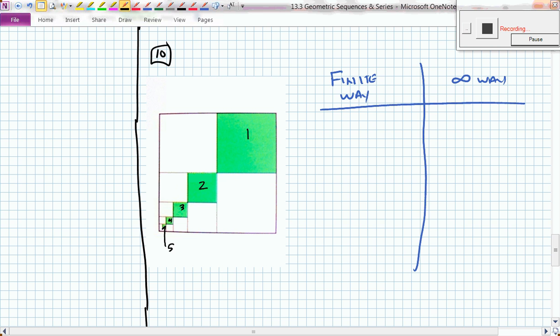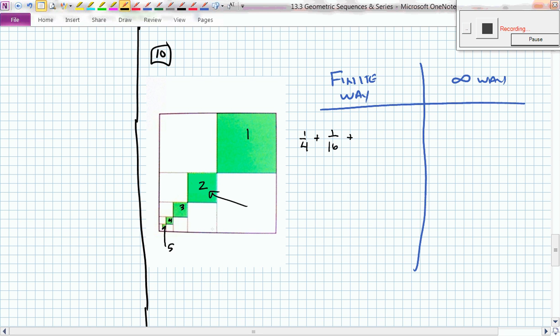Okay, so if you were to write this out as a sequence, because it's the finite way, the first green box represents how much of the total color? That would be 1/4. And then you'd add to that, what about the second box? How much does that represent? 1/16. It's a fourth of a fourth. Good.